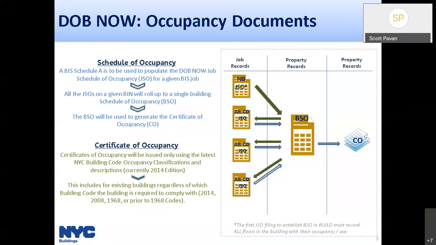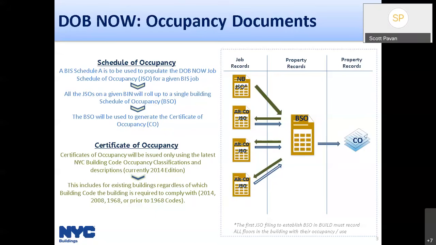So think of the Building Schedule of Occupancy as a scoreboard. It's a status indicator. So it's not just a Sched A. It's more than that. So depending on the status of inspections or of occupancy, et cetera, the information on that Building Schedule of Occupancy is going to be a little different. And so when you're moving that BIS job in, you're going to have to be cognizant of that.